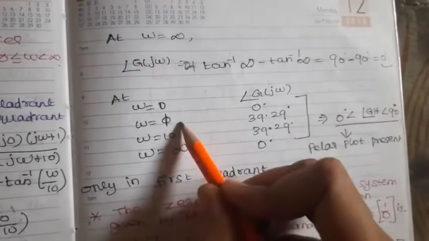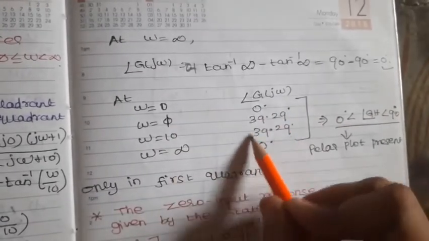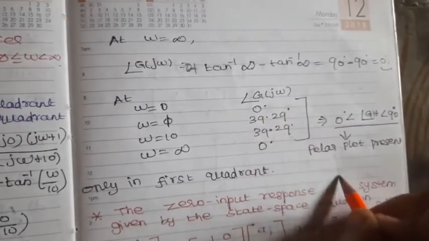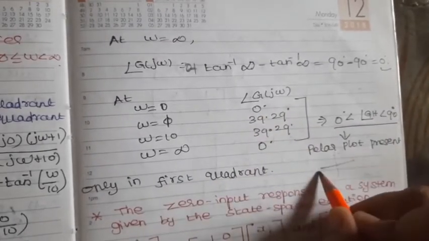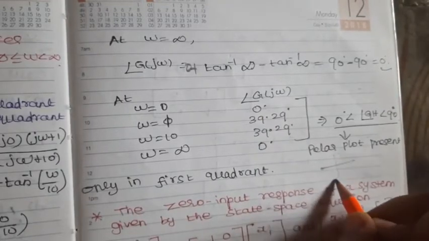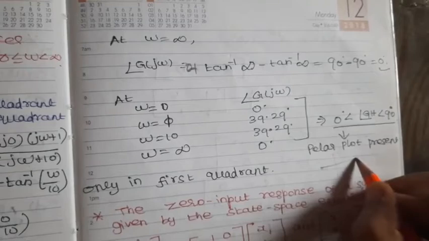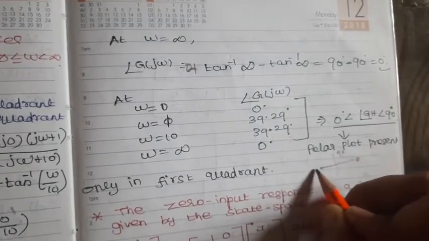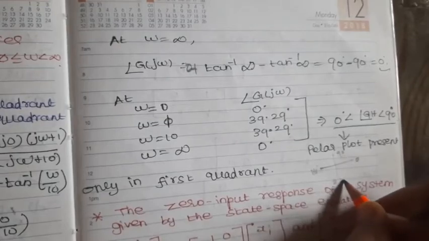From 0 to infinity, the polar plot represents what? The first quadrant is 0 to 90 degree, then 90 to 180, 180 to 270, 270 to 0, with 90, 180, 270 degrees.